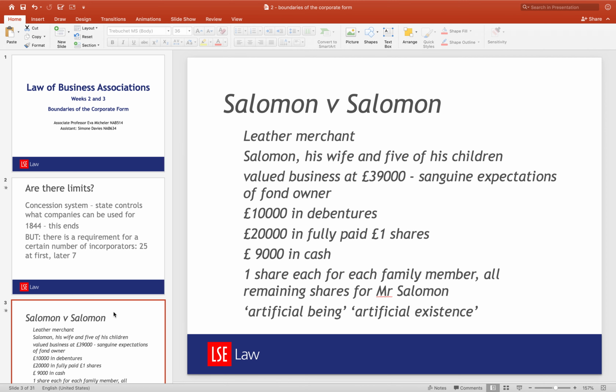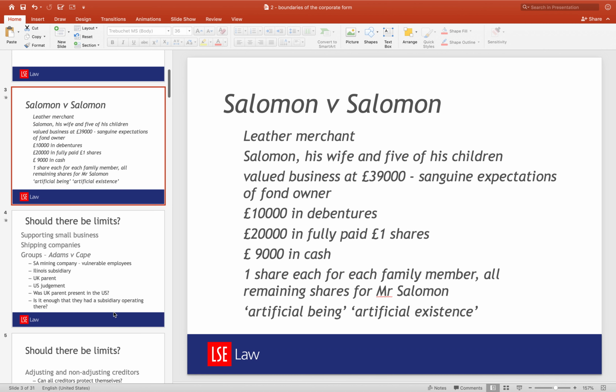And that then led to the famous Salomon case, which you will have read by now. The important dictum of it is that as long as you follow the procedures when a company is set up, that is a validly incorporated company.